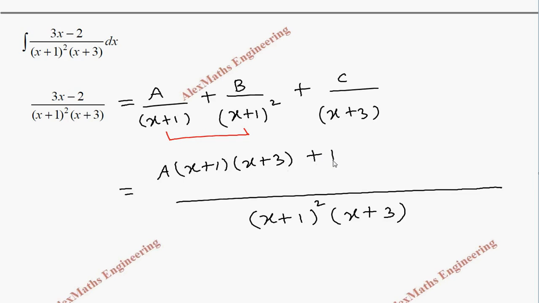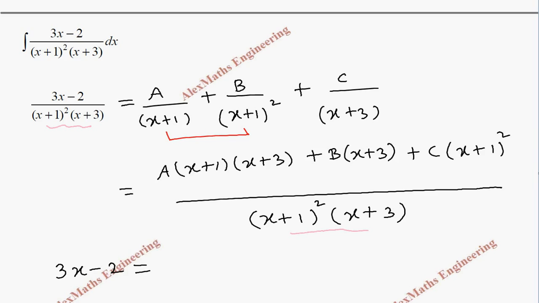In the same way with b, if I multiply this LCM with the second term, (x plus 1) whole square gets cancelled, so we have only x plus 3. And with the c, x plus 3 gets cancelled and we have only (x plus 1) whole square. So both the denominators are the same, so we are going to equate the numerators of both sides. So 3x minus 2 equal to this entire term.